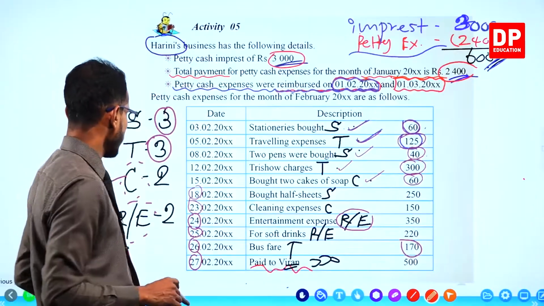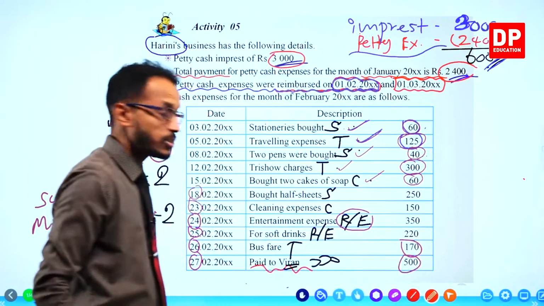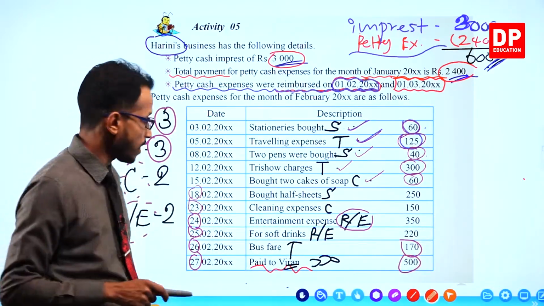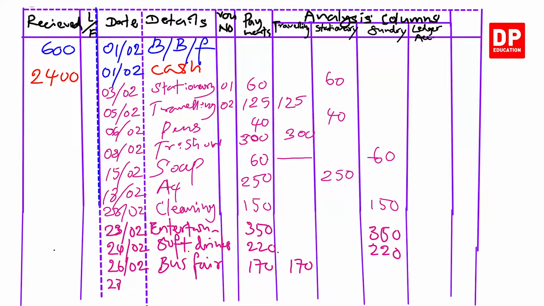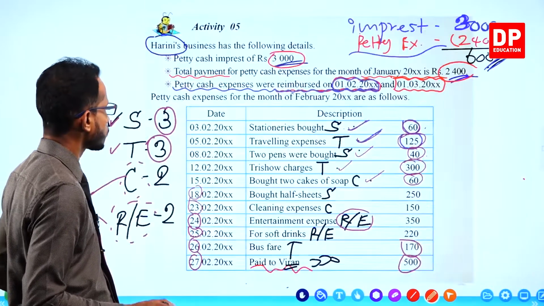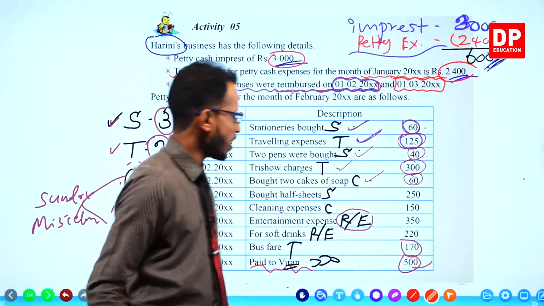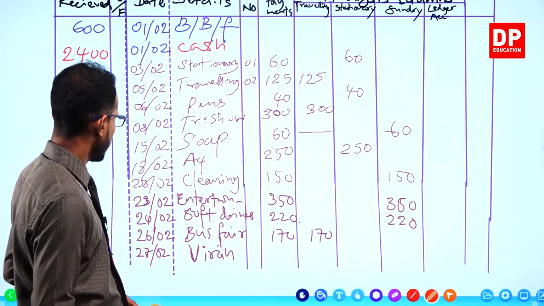Finally, in the end, we have Viran's payment that should go to the ledger account column. Yeah, 27th Viran. How much was it? Paid to Viran 500. Okay, let's put that 500 into the ledger account column.